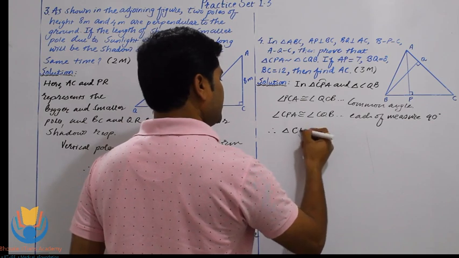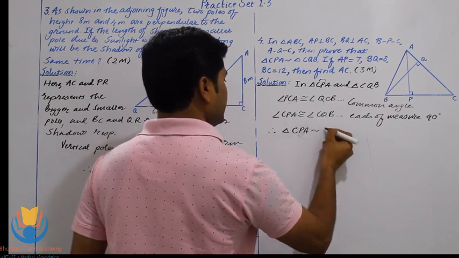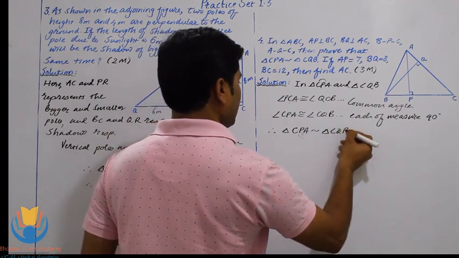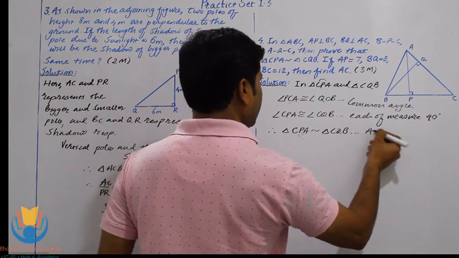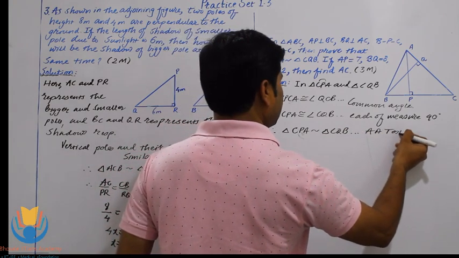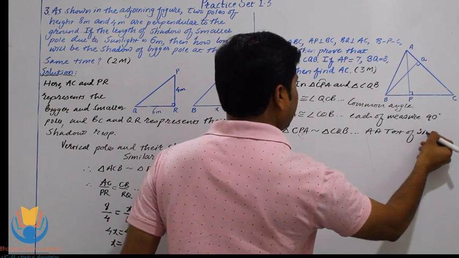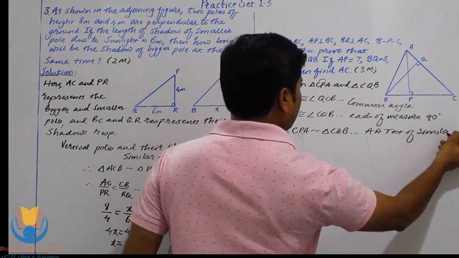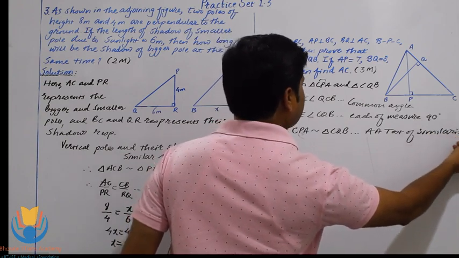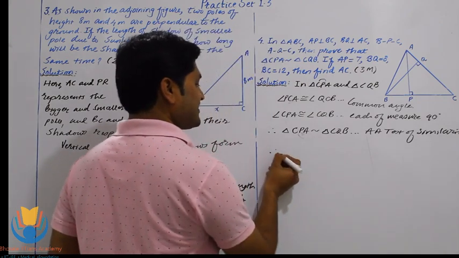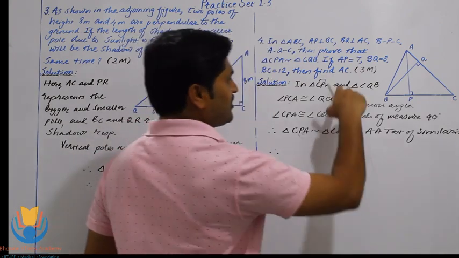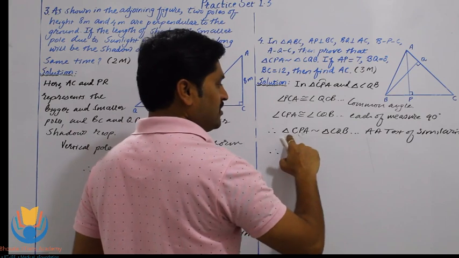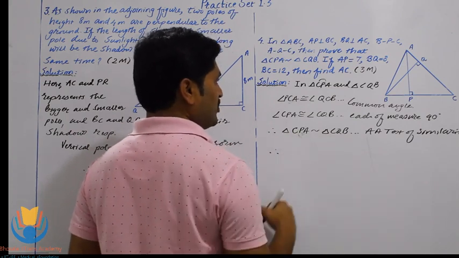Therefore triangle CPA is similar to triangle CQB. So here we will write the name of the test as AA test of similarity. And once the triangles are similar, their corresponding sides are in proportion, because we wanted to find out the value of AC. For that we are supposed to take the ratio of their corresponding sides.